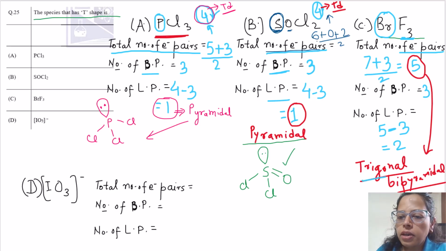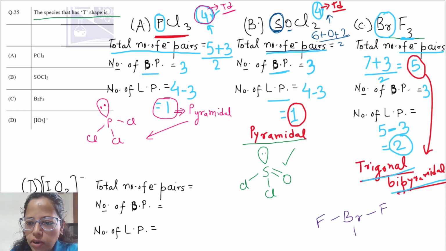Now, when the parent geometry is trigonal bipyramidal and we have 2 lone pairs, then we have a T-shaped geometry where the lone pairs are arranged equatorially. The bromine lone pairs are arranged equatorially, 2 lone pairs, and 2 fluorine atoms are axial here, and 1 fluorine atom is equatorial.